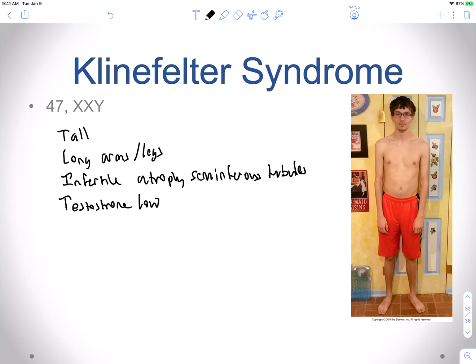It also has a side effect of developing breasts in 1/3 of Klinefelter syndrome patients, and so you have an increased risk of breast cancer. Intelligence is going to be normal, and you can have some disabilities with verbal skills, with talking.